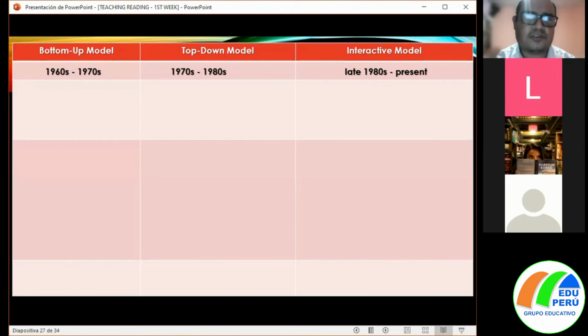So most teachers use this interactive model. Remember, the bottom-up model is a decoding process, just decodification, focus on the test. It is focused on the test because the most important purpose of reading is to decodify, no more.